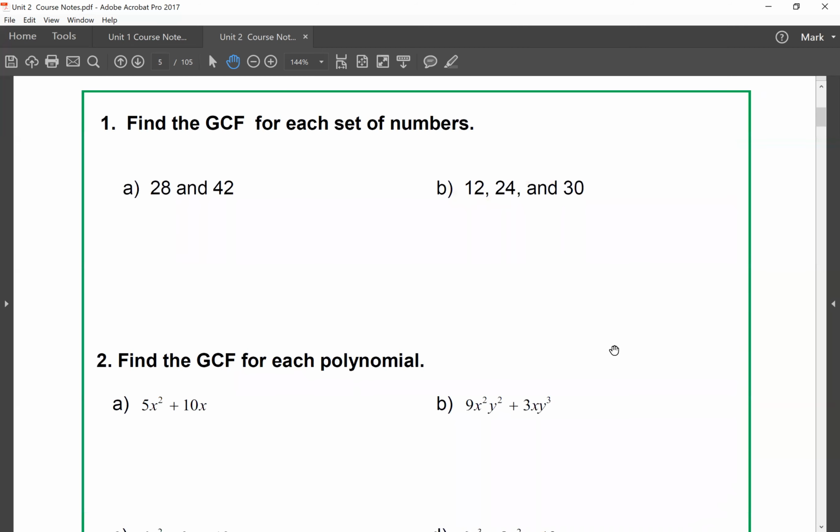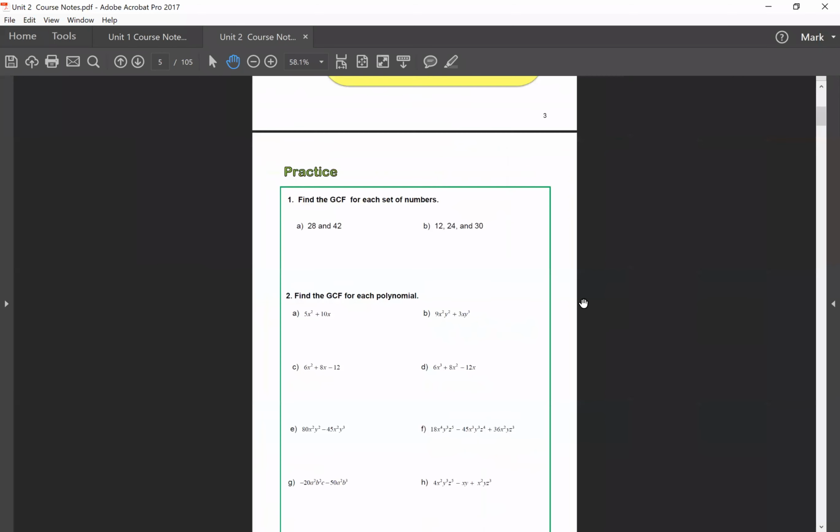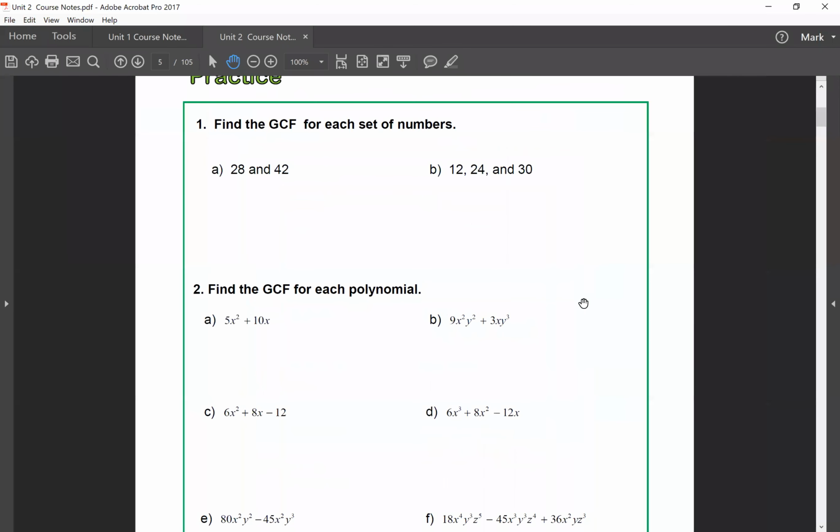All right, so I would like you guys to practice. There's a ton of practice you can do here. Why don't you take a couple of minutes? Sure, try 1A and B. That's a good warm-up for numbers. Then try B and D here.